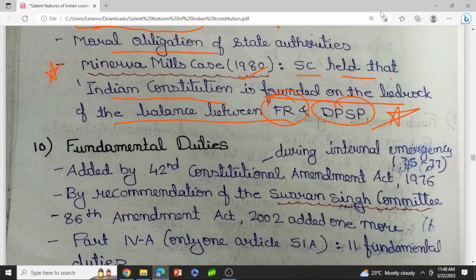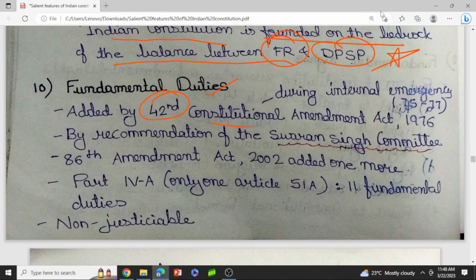Fundamental duties. Now, these fundamental duties were added by the 42nd Constitutional Amendment Act of 1976 during the national emergency declared by Indira Gandhi. These fundamental duties were actually recommended by the Swaran Singh committee, looking into the situation which was happening during the internal emergency.